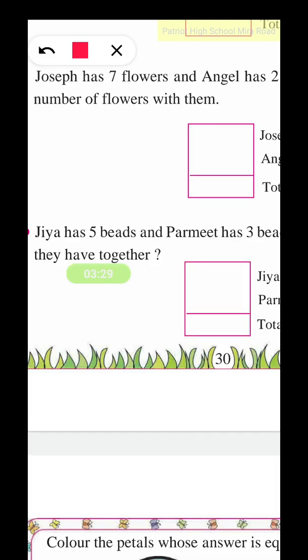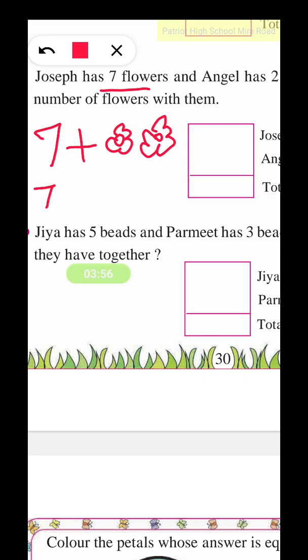Joseph has 7 flowers. So we will write 7 as it is, because we know he has 7 flowers. Plus, Angel gave him 2 flowers. 1, 2. So 7 plus 2, we will try to get how much it is. Joseph had 7 flowers.